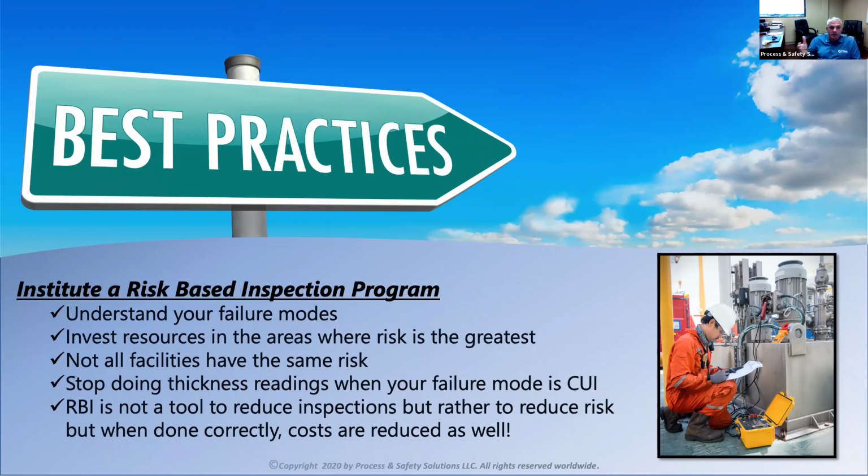We need to stop doing thickness readings when your failure mode is CUI. We need to start looking at our CUI programs to make sure we're developing programs that actually look for areas where you can have CUI, especially in your greatest risk. For example, you're not going to see a lot of CUI in areas that are always frozen solid, in other words always covered with a layer of ice.